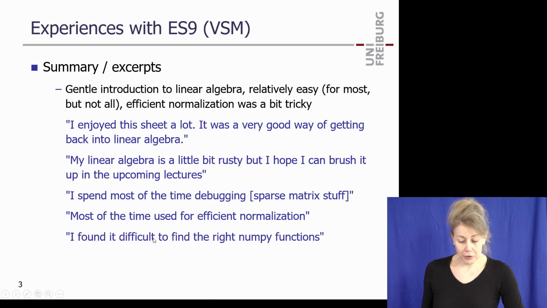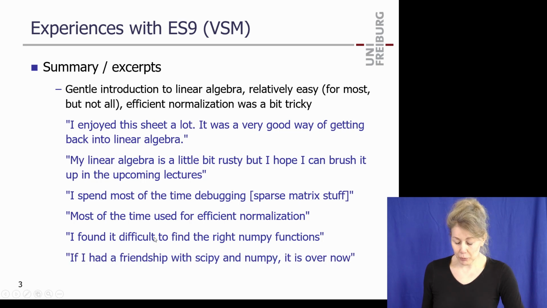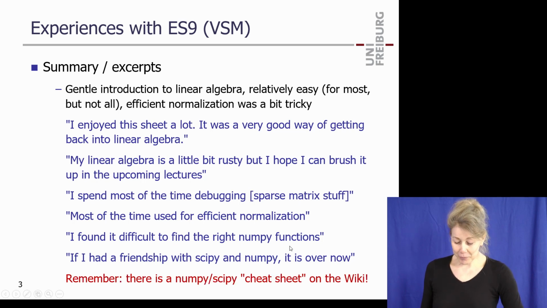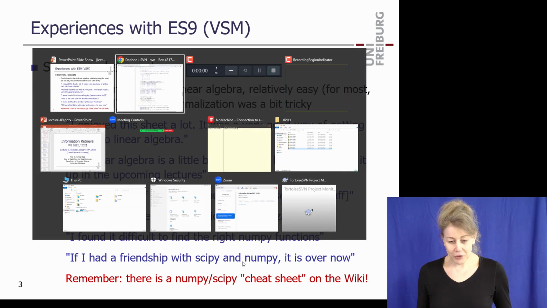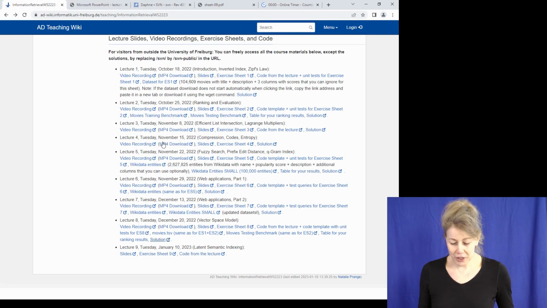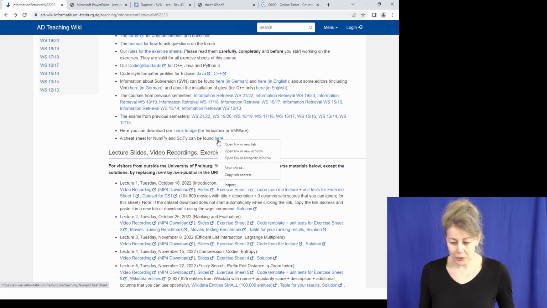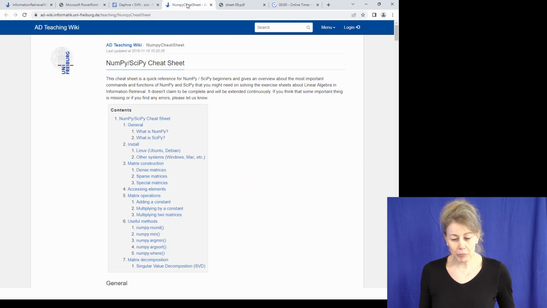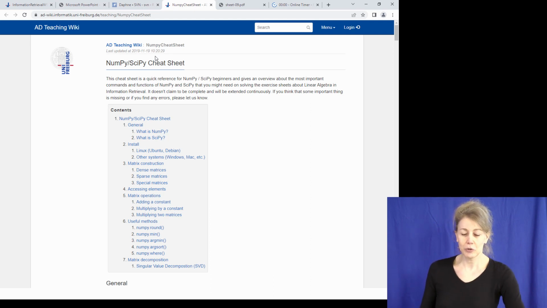I found it difficult to find the right NumPy functions. If I ever had a friendship with SciPy and NumPy, it is over now. Remember, I also said it in the lecture, there is a cheat sheet which we prepared for you. NumPy, SciPy, it's everything linear algebra, and it's huge, so the documentation is huge, and it may be hard to find what you need.